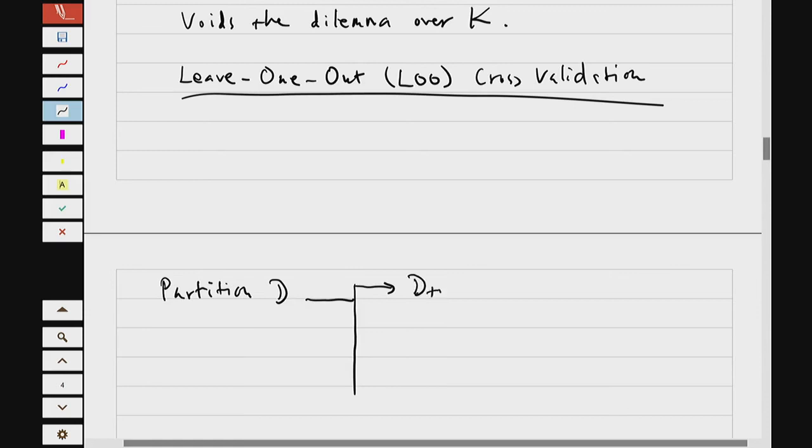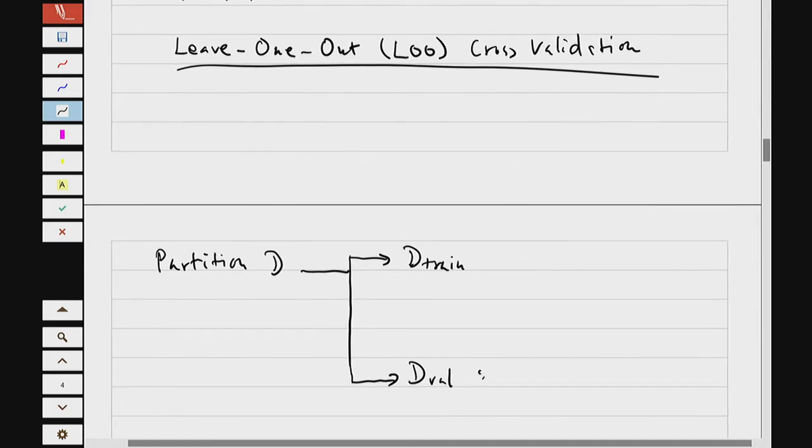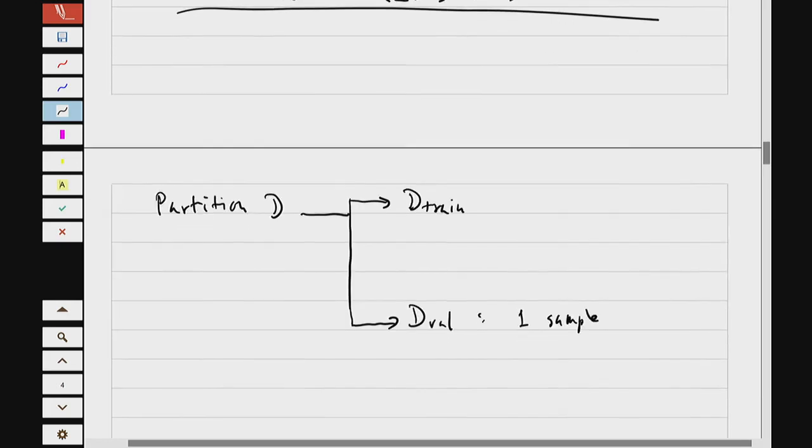But let's write this down first. We have the training part, leave some space in between, and then we have the validation part. The validation part is one sample. Let's give you a notation. This one sample, let's say it is xn, yn, this one data point.